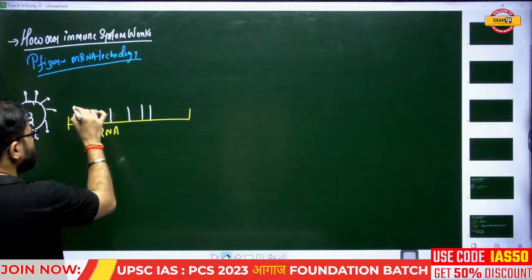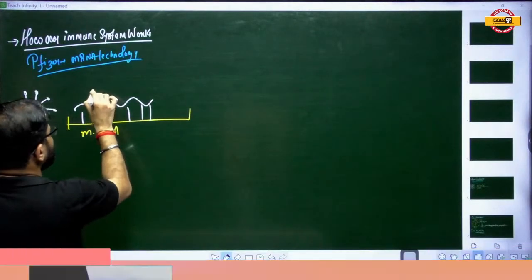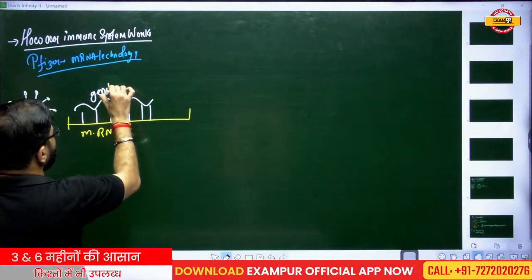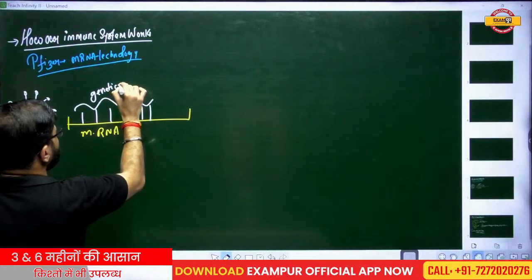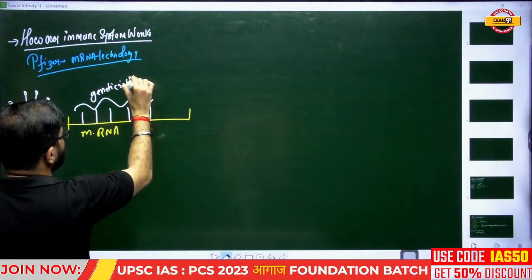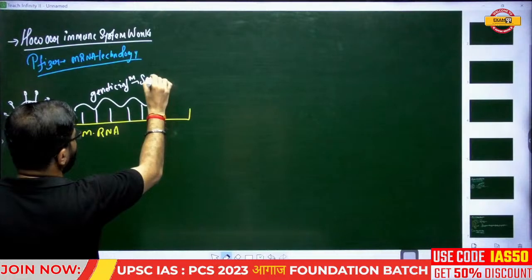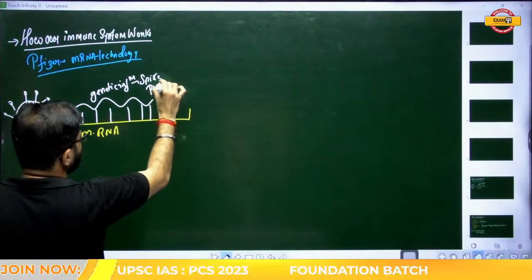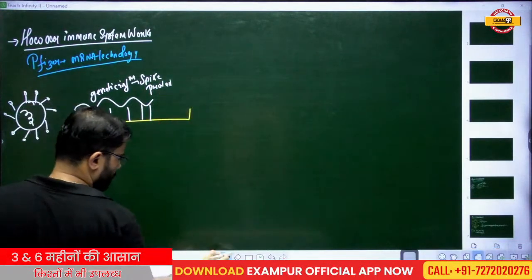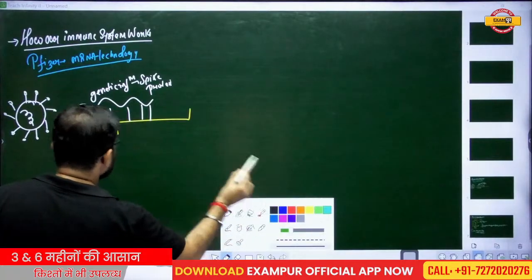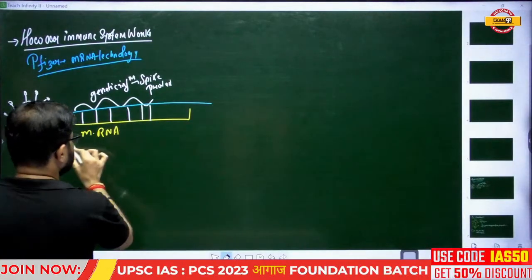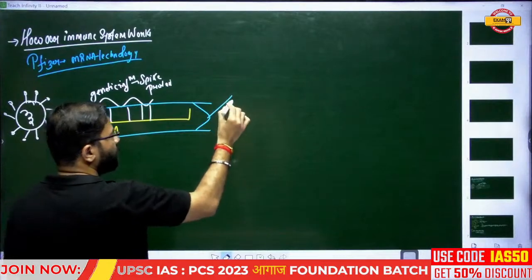So this is the genetic information externally added. Now this has become a vaccine, and we will vaccinate with it.